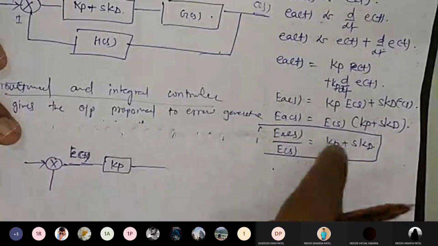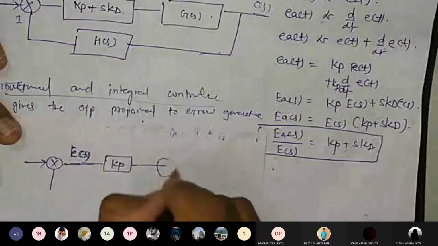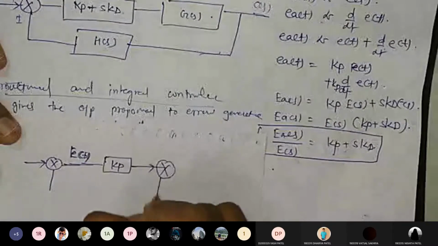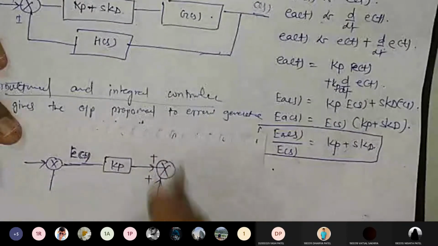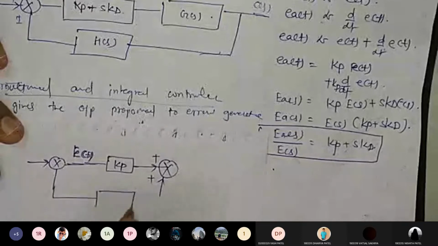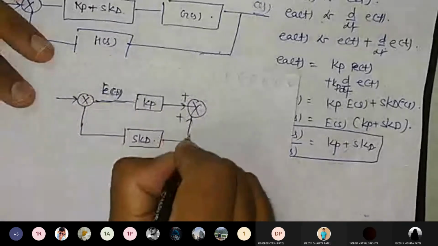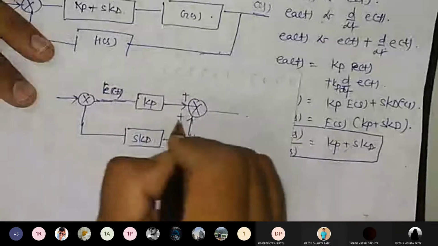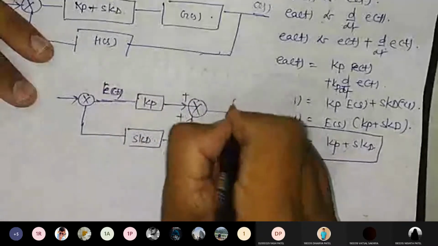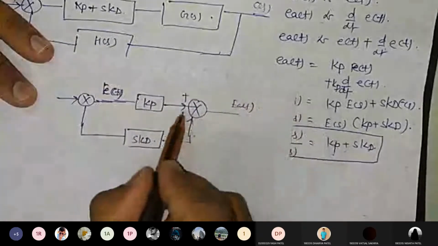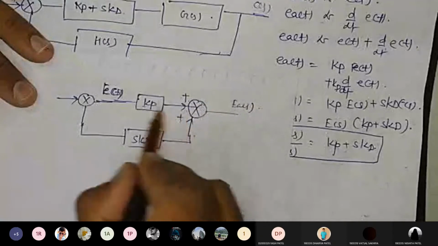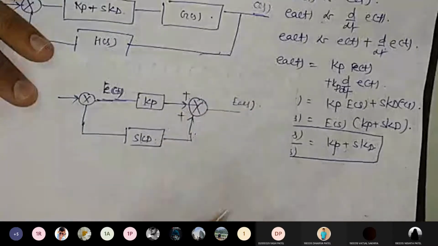So the output will be Kp, and plus, and then you will be having sKd. The output you get from here is E of s, with a summing point where Kp is added to sKd.